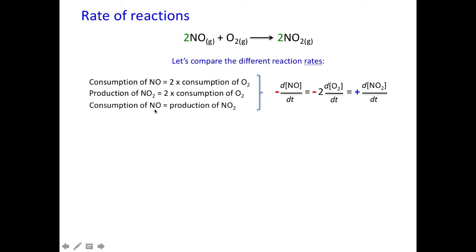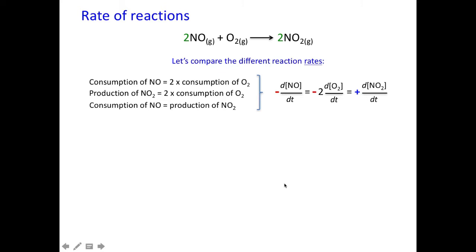Now the consumption rate of NO is the same as the production rate of NO2. Every time 2 moles of NO are consumed, 2 moles of NO2 are formed. That's why this part, the consumption of NO, is equal to this part, the production of NO2.